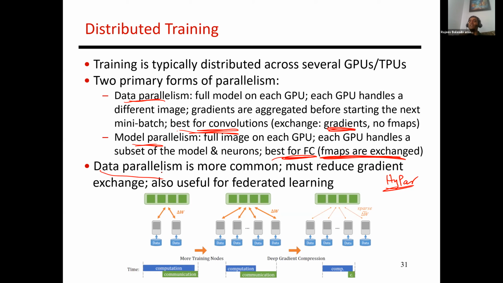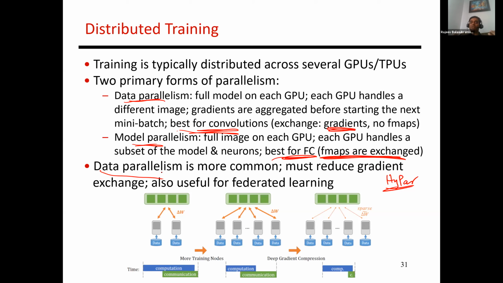But for privacy reasons, you can't take the information on the phone and send it to the data center, right? And so if you're trying to do training on the data on the phones, then you basically have to do the training locally, and then you have to send the weight gradients to the data center, right? And so data parallelism is more common even in that context.